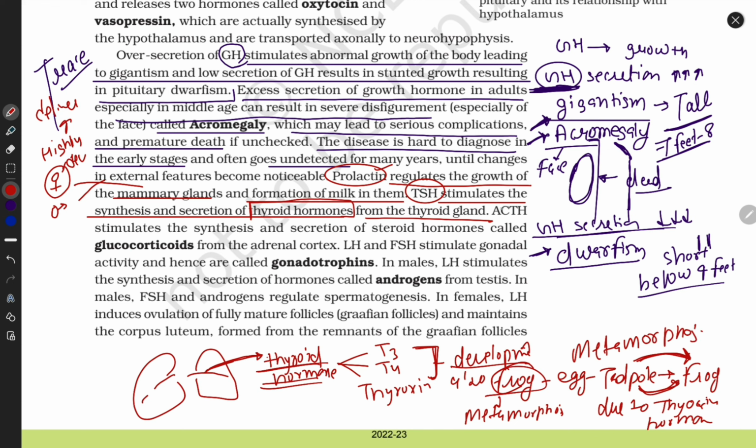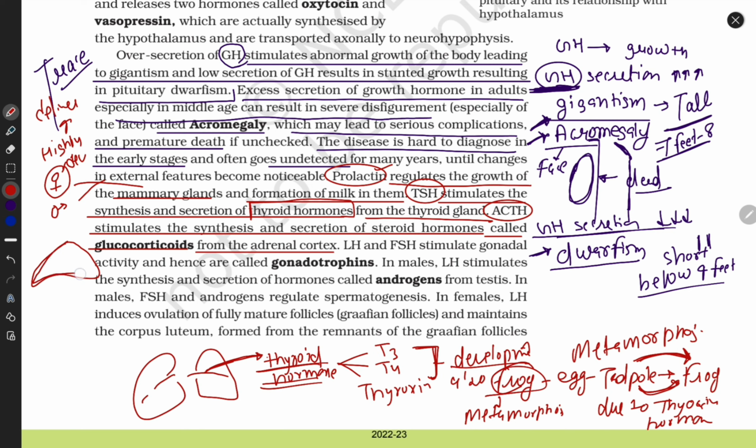Let's see our next hormone, ACTH, adrenocorticotropic hormone. Look here. ACTH stimulates the synthesis and secretion of steroid hormone. We call it glucocorticoid, from the adrenal cortex. Does anyone know what the adrenal gland is? They are located above the kidneys.